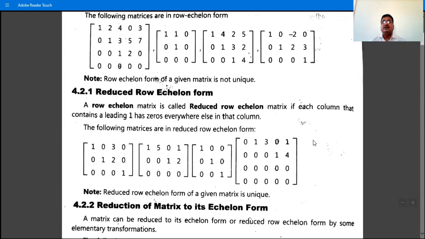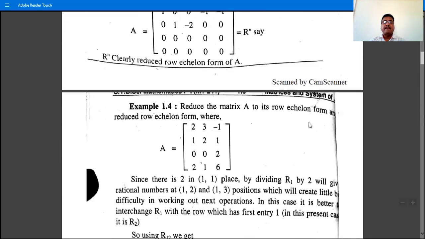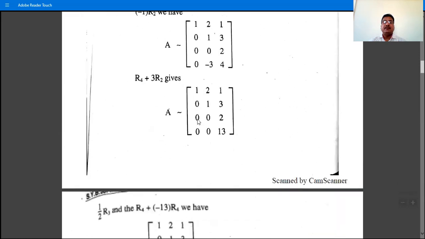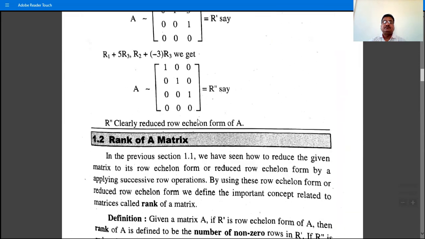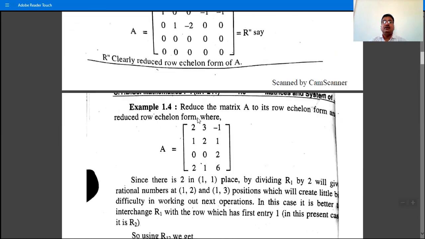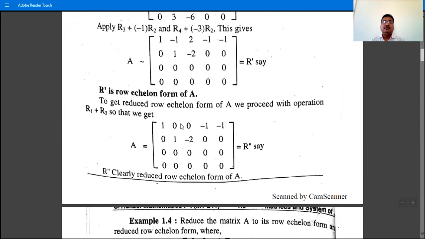So the fourth condition is that we reduce all the elements in the column that contains a leading one. If you observe the first column, the remaining elements other than this one are 0.